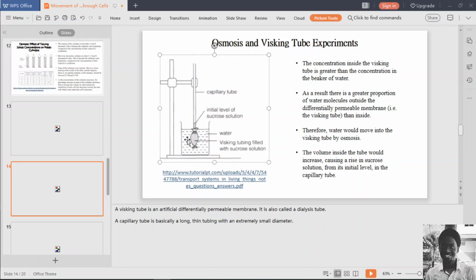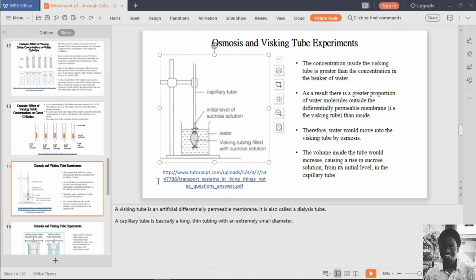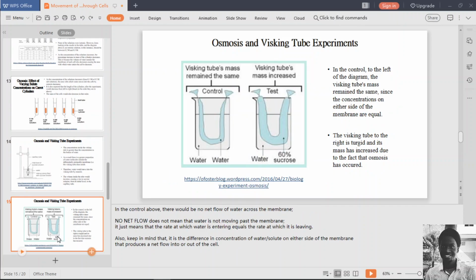Now, let's look at another whisking tube experiment. Here we have this whisking tube in a beaker of water, in a container of water. It's tied here, just to ensure that you get a fair test and water is not leaving through any unauthorized exits.